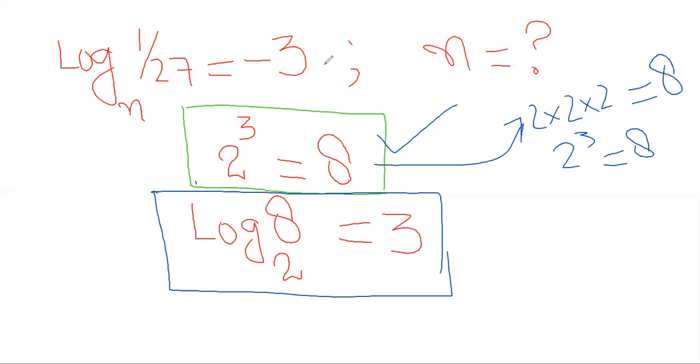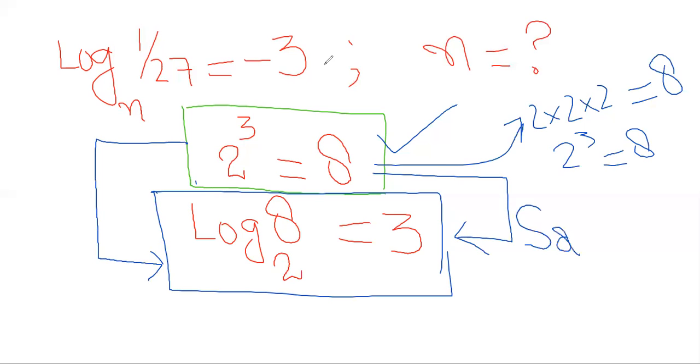What we have done: this is called the exponential form, and I have converted it into the logarithmic form. This expression and this one are both the same in mathematical language. Both have the same values.